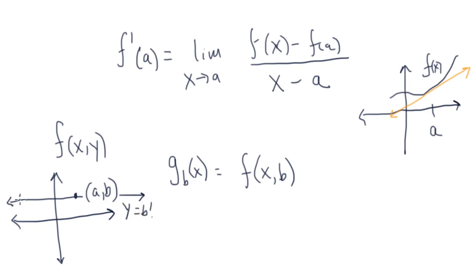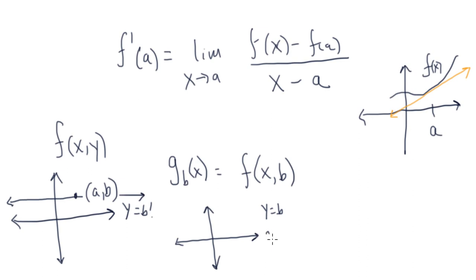Now the function is actually living above or below this line right here. But we're kind of cutting the function. This is in 3 dimensions, this is going to be a plane, y equals b.